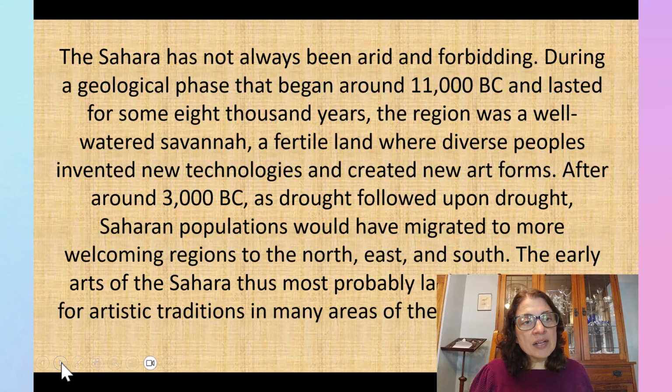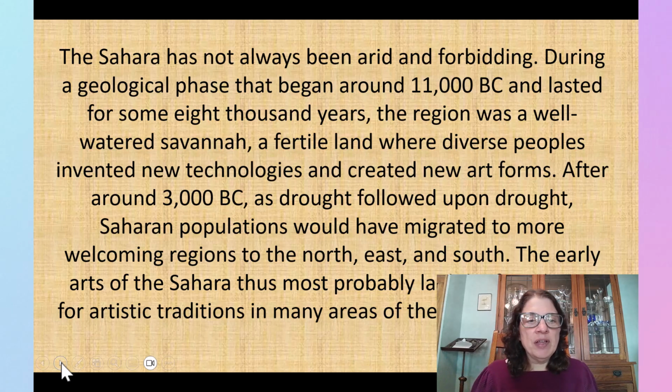So the Sahara Desert itself was not always so arid, so dry. At one time, during the geological phase that began around 11,000 BC and lasted for some 8,000 years, it was actually a savanna area, grasslands, and we have animals roaming in it and people living in it.